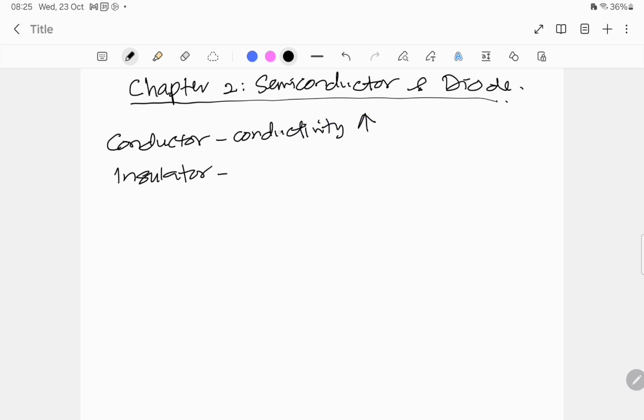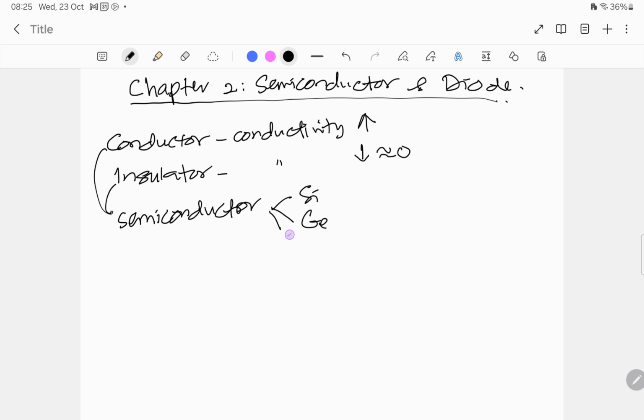Conductivity is high. For an insulator, conductivity is low or approximately 0. Between these two, we have semiconductors. What other types of semiconductor do we normally have? Silicon, germanium, gallium arsenide. But normally we use these two.